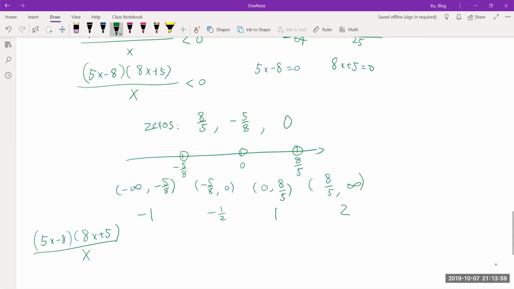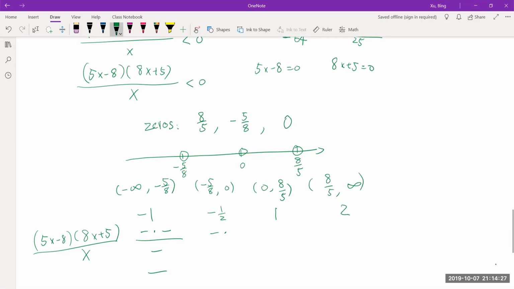Plug in negative 1. Negative 1 times 5 is negative 5, so minus 8 is negative. Negative 1 times 8 is negative, and plus 5 is also negative, over negative. So overall negative. Plugging in negative 1/2: 5 times negative 1/2 is negative 2.5, minus 8, negative.